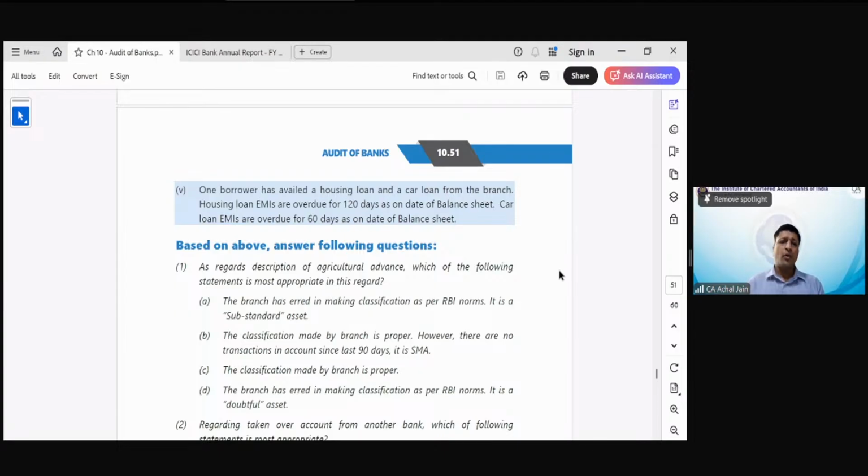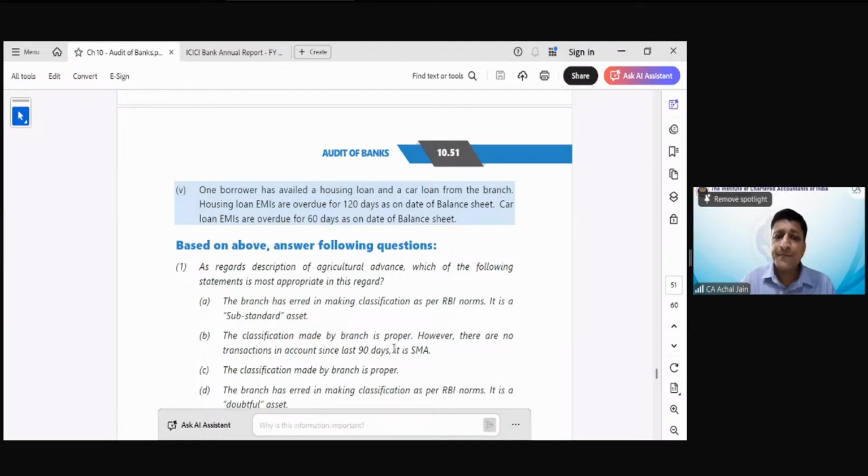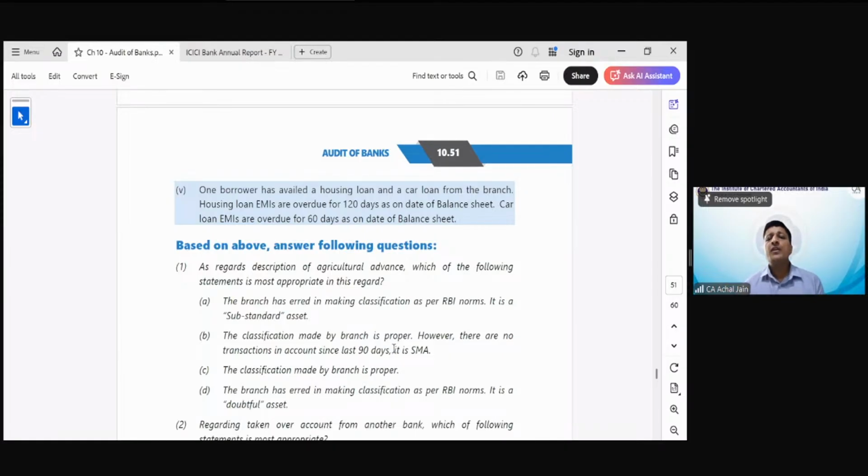So what is your thought? Over to you. On the first one, which one do you think will be the correct answer? Over to you. Out of these four options, which one you think will be the correct one? Quickly, tell me which one of these options will be the correct one. Over to you quickly. What do you think?